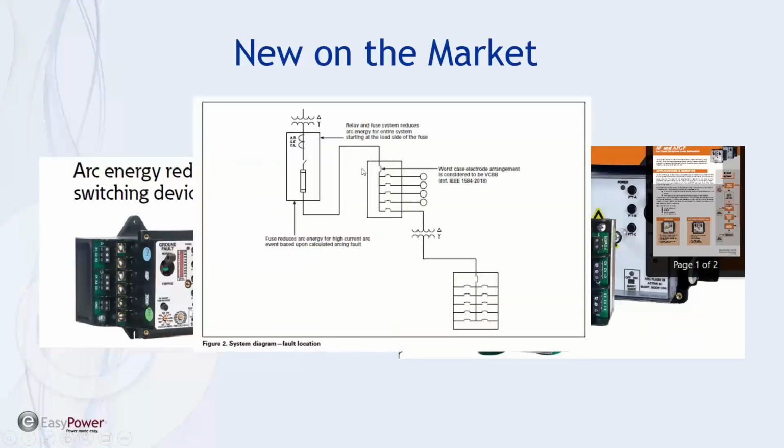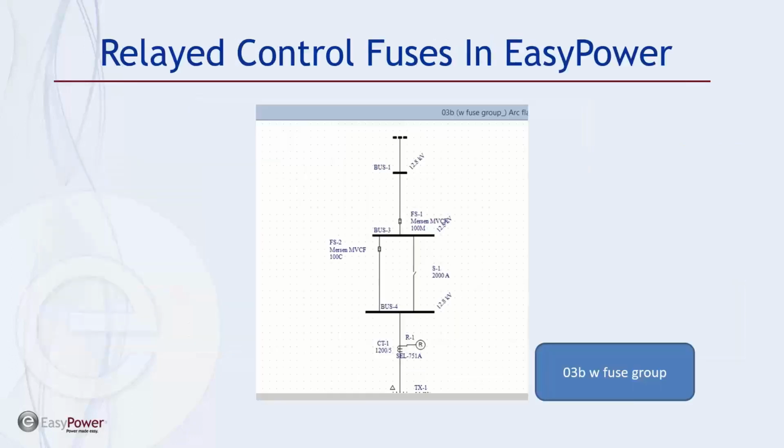And if you look at their application note, what they're suggesting is that there's a fusible switch that responds to the relay settings, and if that fault current is determined to be an identifiable recognized fault, then it would respond quicker than the fuse by itself would.